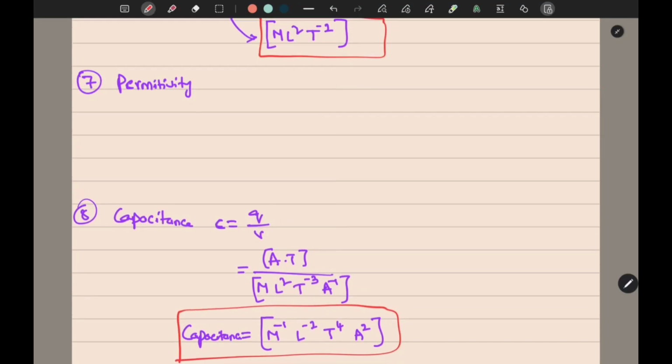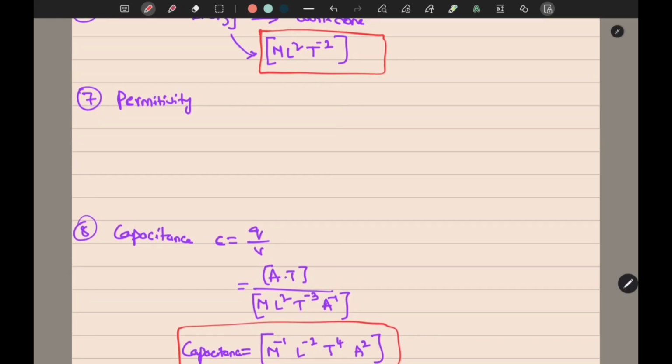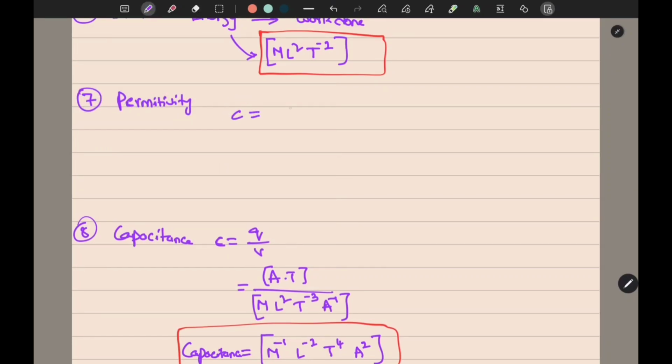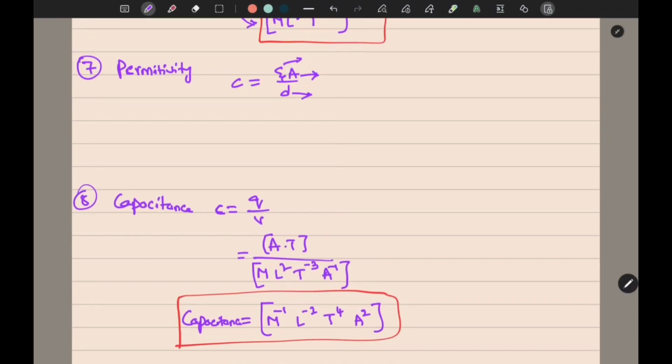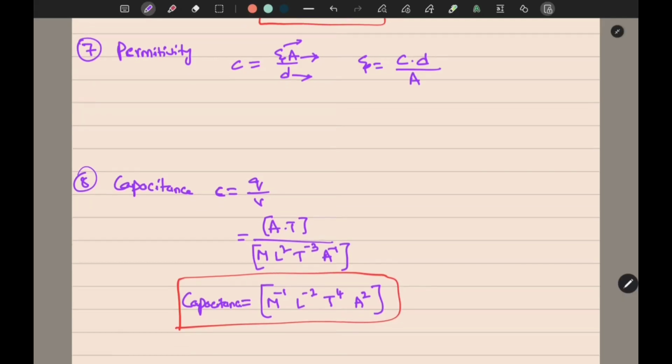Okay, we have the dimensional formula of capacitance. Now we can find the dimensional formula of permittivity. We know that the capacitance C is equal to epsilon A by D. Epsilon is permittivity, A is area, and D is the distance between the plates. So epsilon is equal to capacitance into distance between the plates by area of the plates.